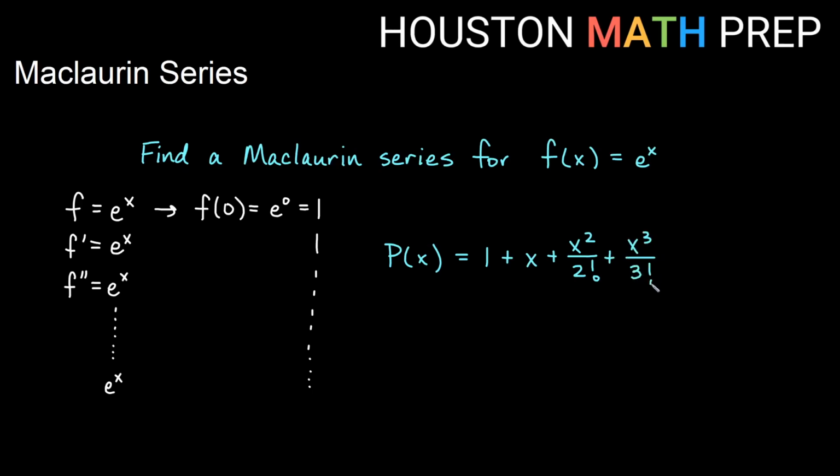So all those derivatives in the formula just become a 1 when we plug them in because we get the same derivative for every single term. Okay, so we'll finish up with my ellipsis there. So that's the Maclaurin series for e to the x.